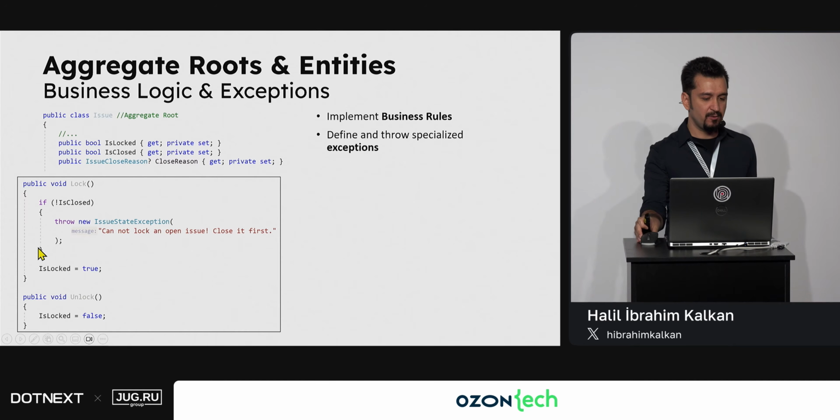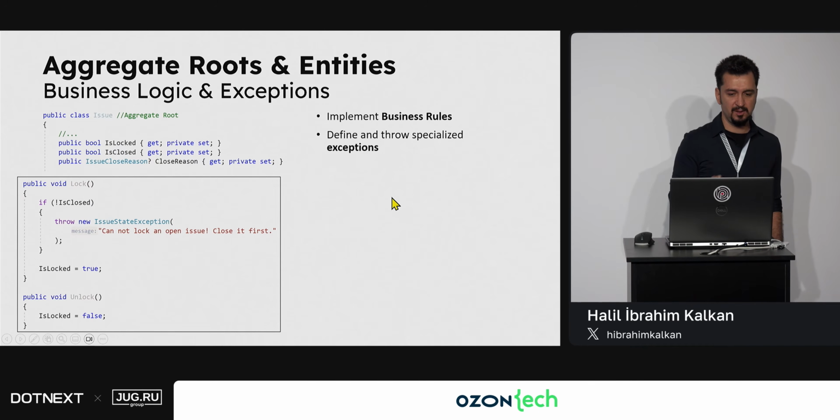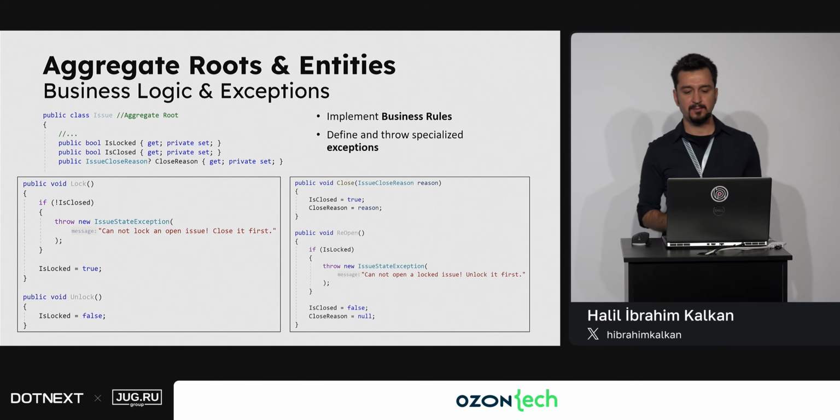So instead of handling this outside of the issue entity, we can implement the rules inside the entity. Again, another rule: when we want to reopen, it should not have been locked before, so we can throw another exception.